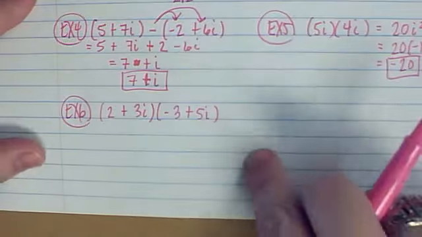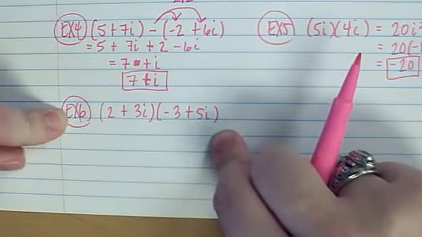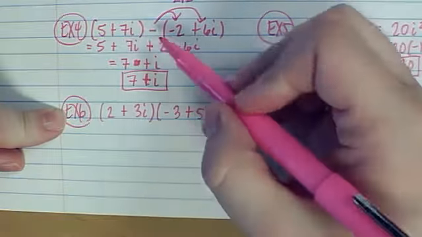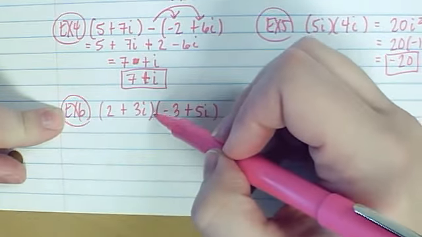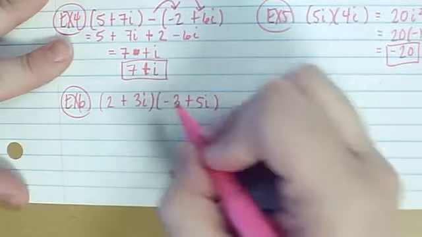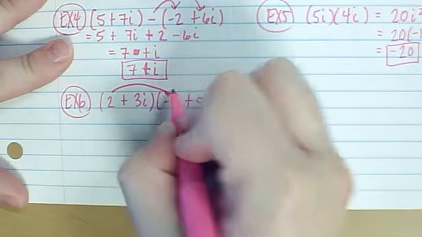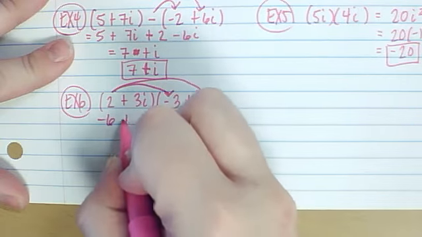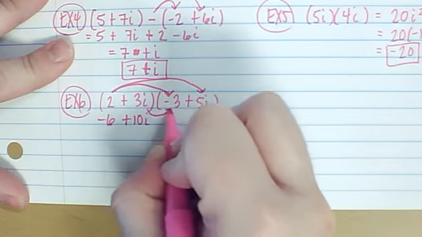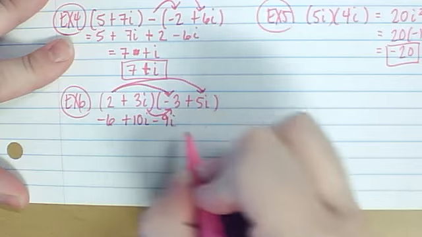Okay, so example 4 and example 6 look alike. But the difference here is in example 4 we were subtracting. In example 6 we're multiplying. So in this we need to FOIL. So 2 times -3 is -6. 2 times 5i is 10i. 3i times -3i is -9i.